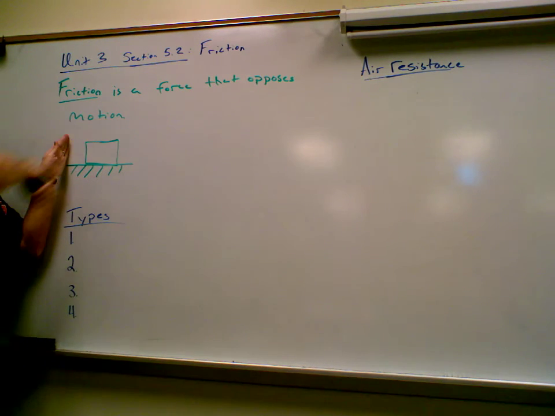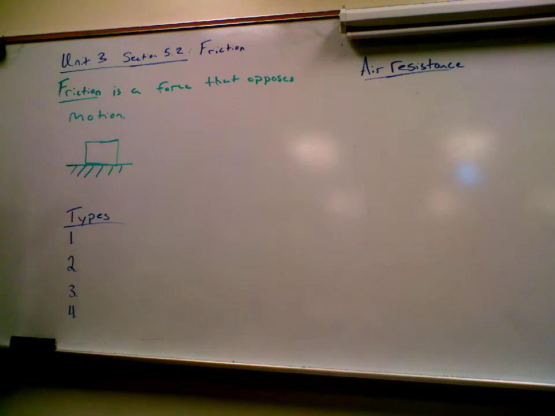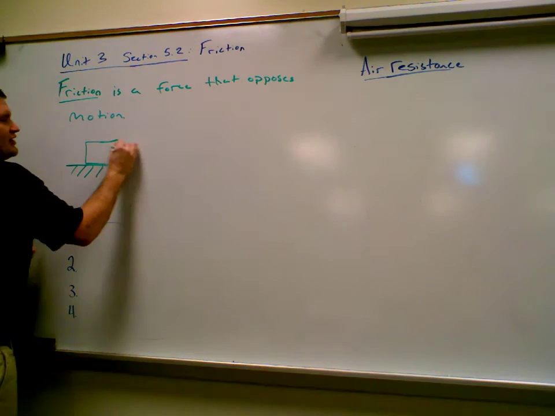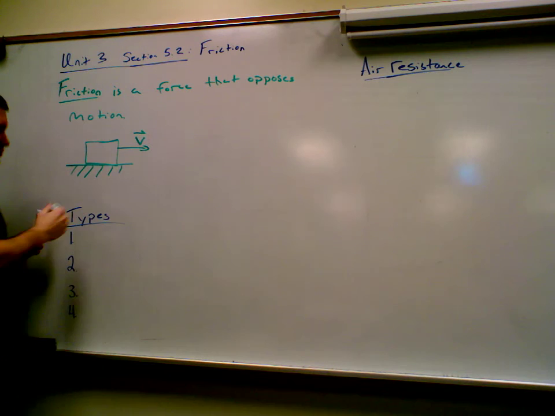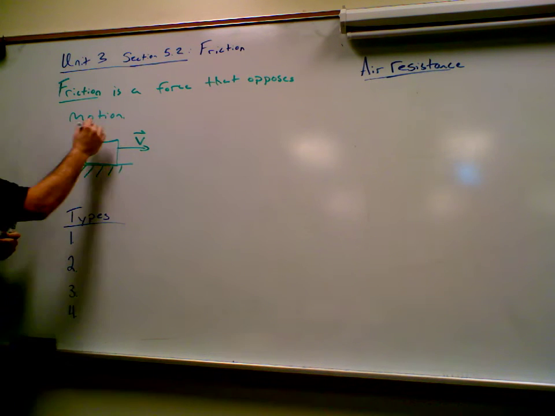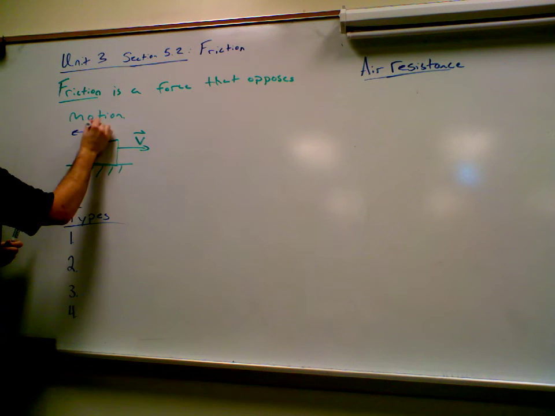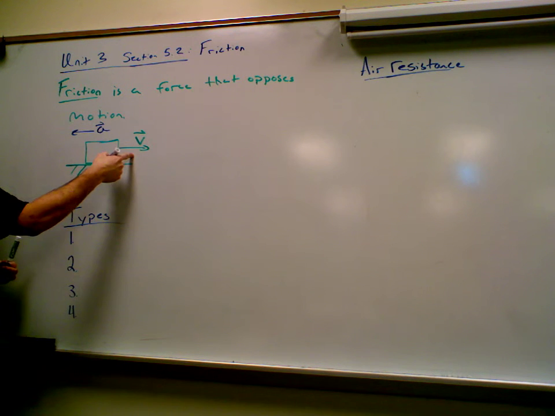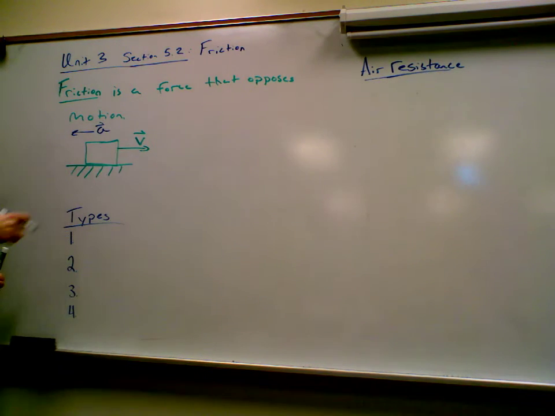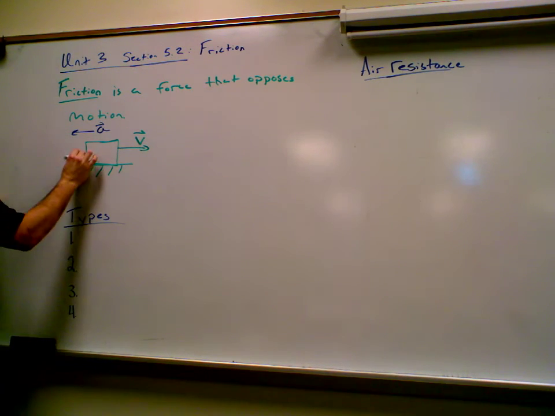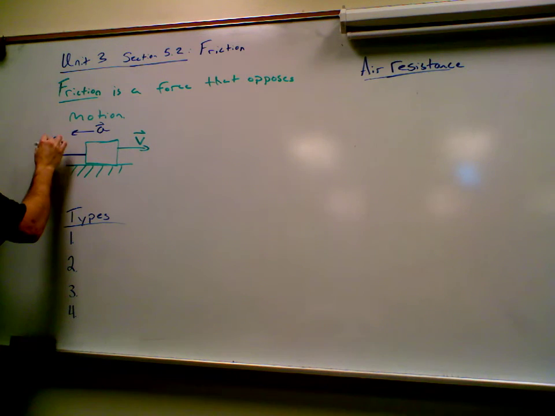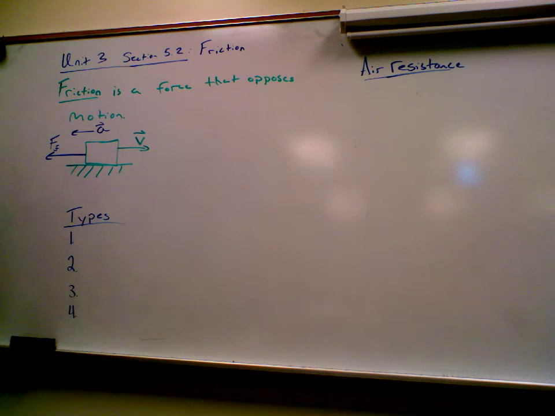Once I remove my hand, what happens to the object? It slows down, right? The object has a velocity in this direction, but it accelerates in the opposite direction, which causes this velocity to decrease. Since the acceleration is that direction, which way is the force? Then that force acting on the object has to be this way, and that force is friction.